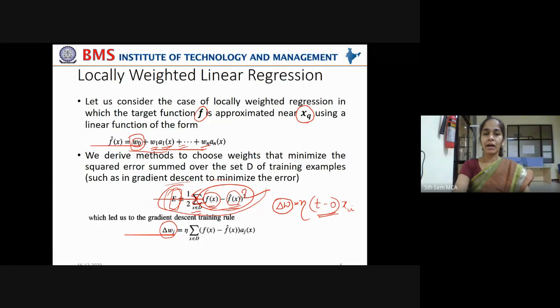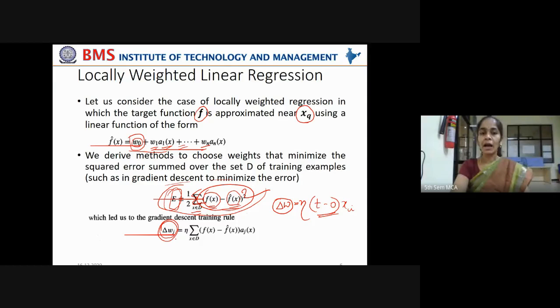Now the same rule we are applying here also. Why? Because we are using locally weighted linear regression. So we are combining the idea of linear regression with local weights. That is why, how to represent the weights here, which you have to adjust in order to get lesser prediction error, delta Wj?